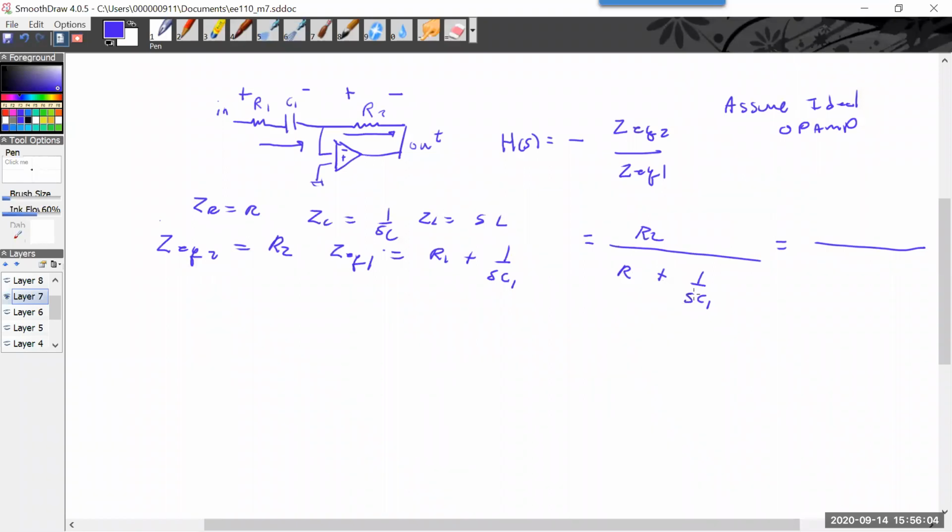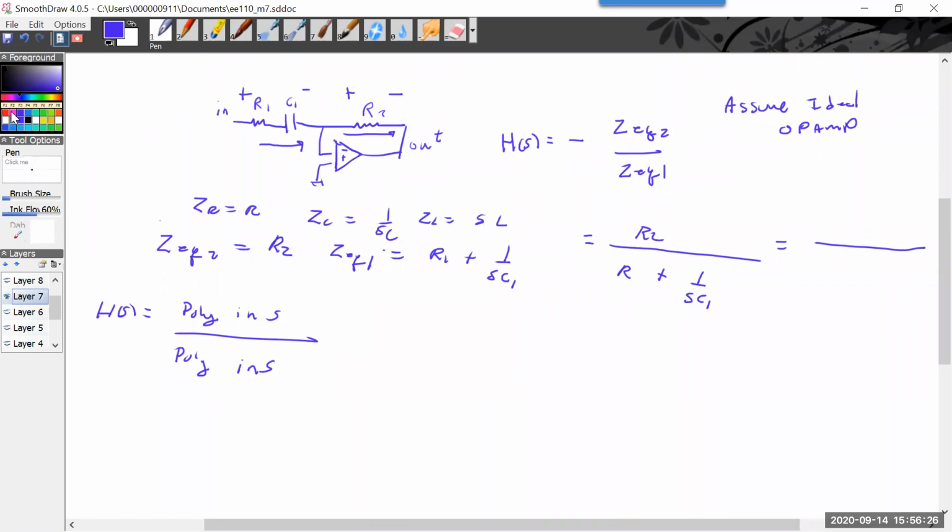So you need a polynomial in S in the numerator and a polynomial in S in the denominator. You have to make that happen. It doesn't come out that way.